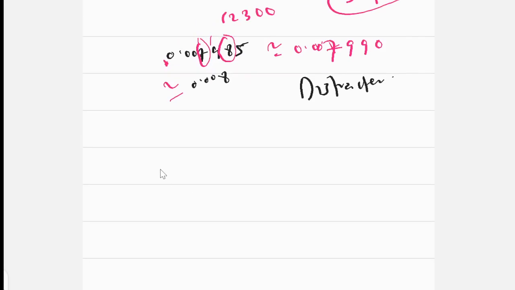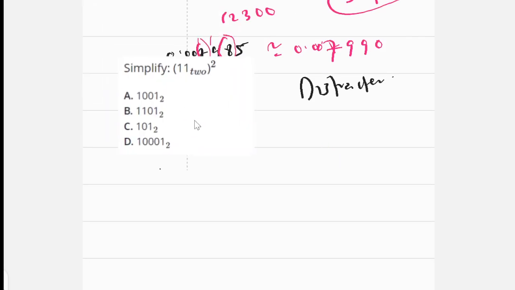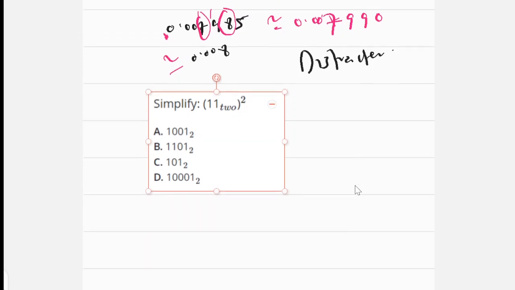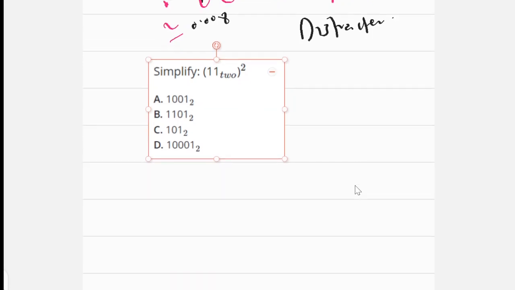So I think the next question here is on number-base system. Let me just bring it here. So the question asks us to simplify 112 base 2, 11 base 2, everything raised by 2.